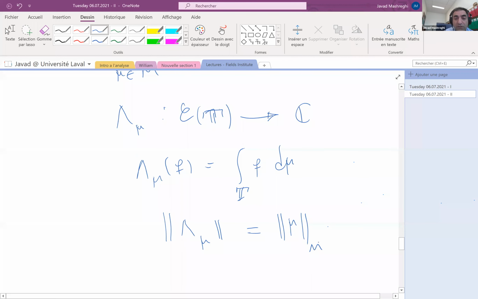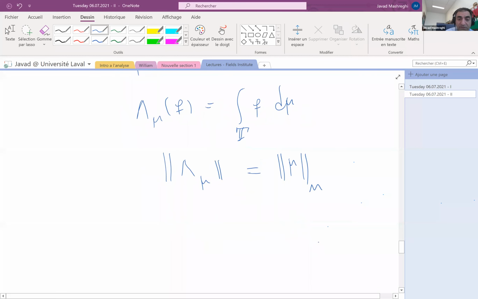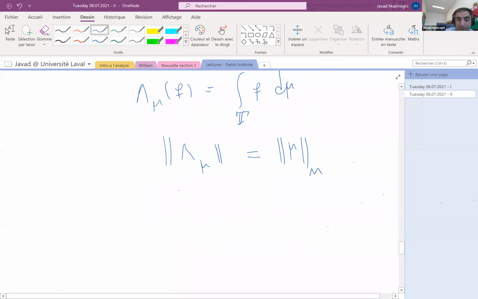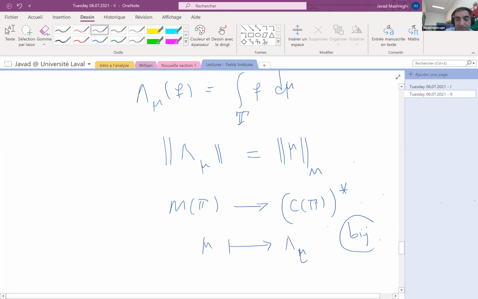And the isomorphic part means that if you consider M of T and you project it into C of T star by the formula that we saw above, this mapping is bijective.